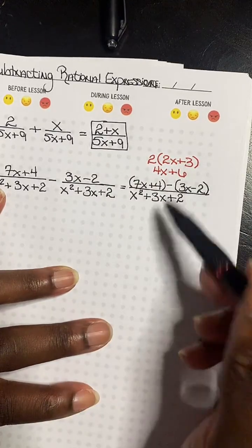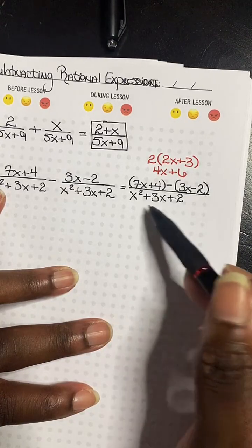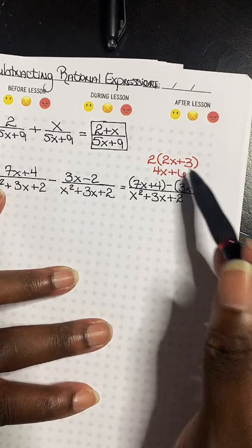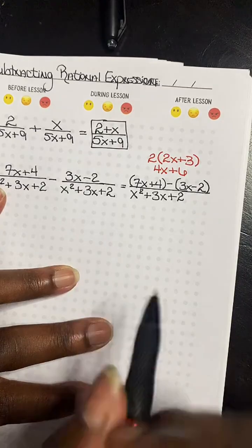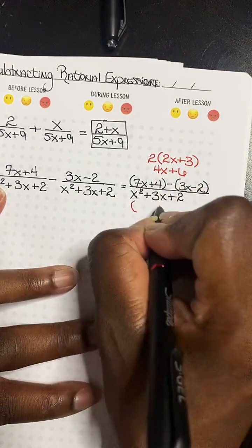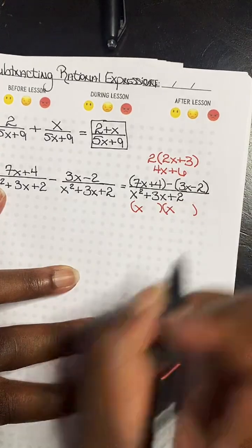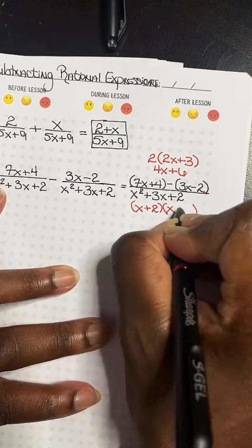In order for me to cancel something out, one of the parentheses down here would have to be 2x plus 3. Since my leading coefficient is 1, if I did my parentheses, I'm only going to get x's. So I don't have anything to cancel out.